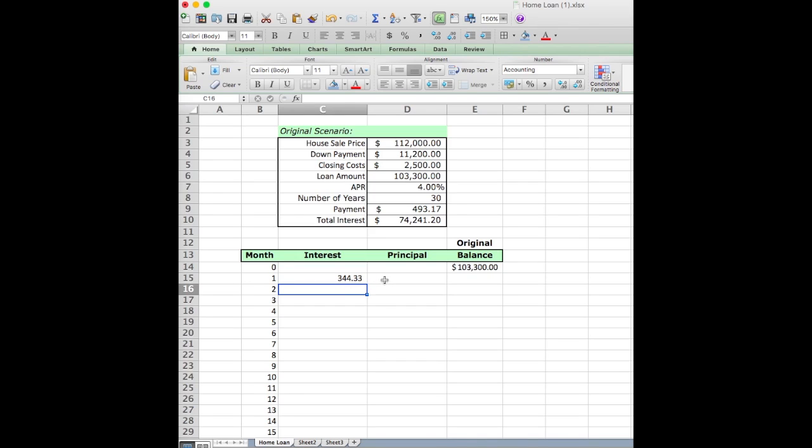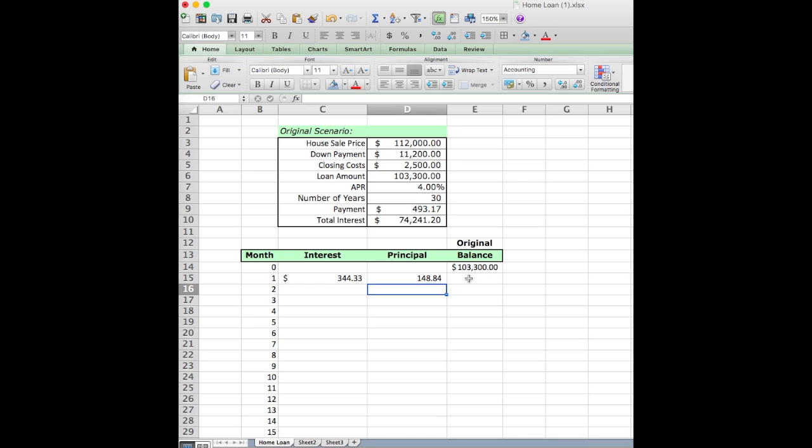Okay, now the principal, change that to money. The principal is going to equal our payments. So I click on the monthly payment. Again, I'm going to absolute reference this by pushing F4. And then I'm going to subtract off the amount that goes towards interest, and the amount that's left should be the amount that goes towards principal.